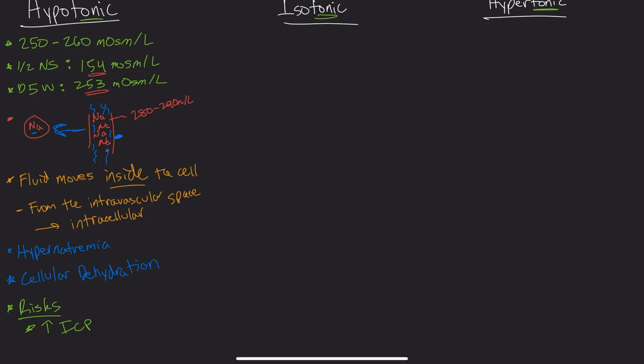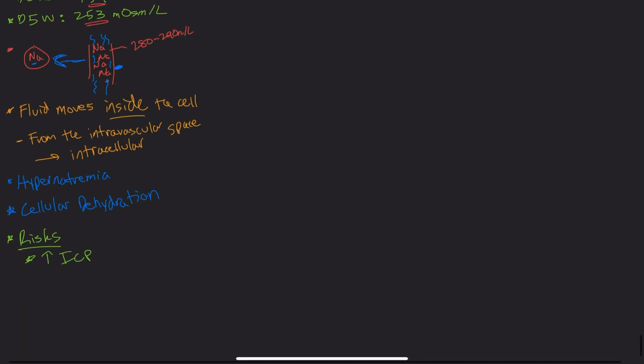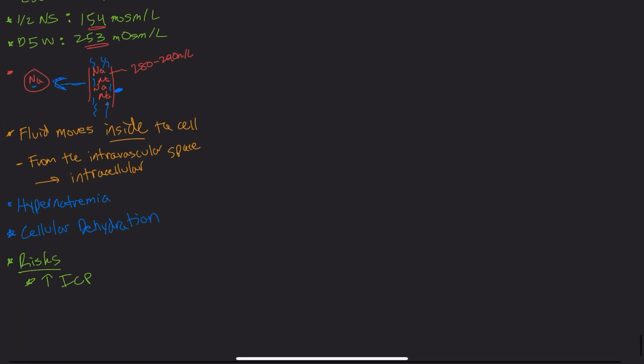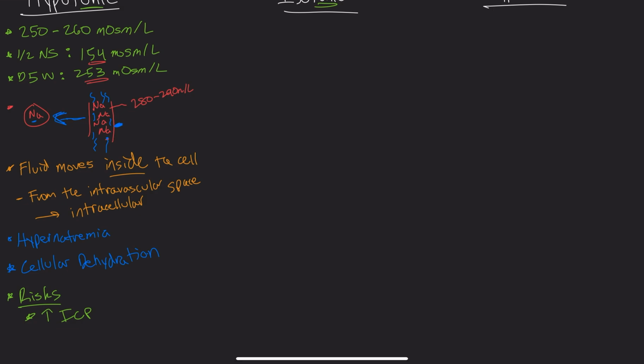So people with some kind of traumatic brain injury, or anything where you want to avoid potential swelling of the brain, think of hypotonic fluids moving into the cells inside the brain, causing brain swelling. That's a big thing to monitor for. It's likely tested on very frequently: increased ICP, increased cellular swelling.